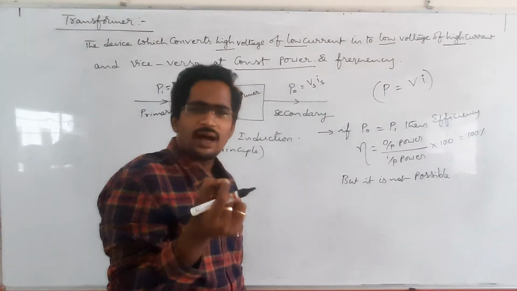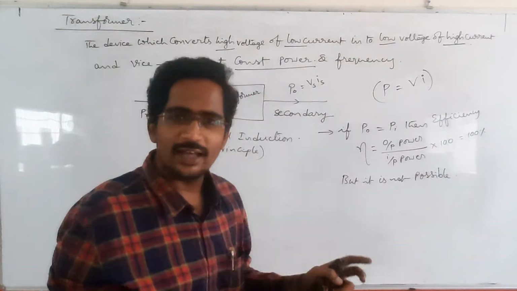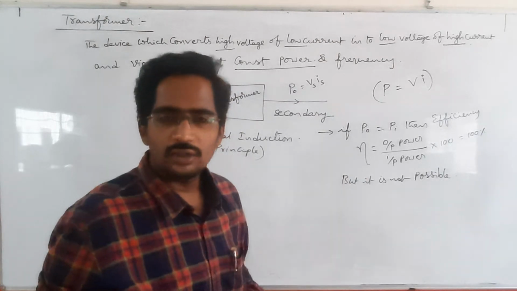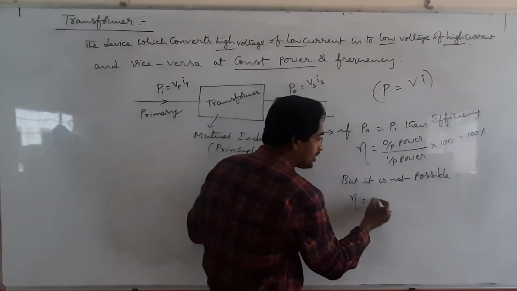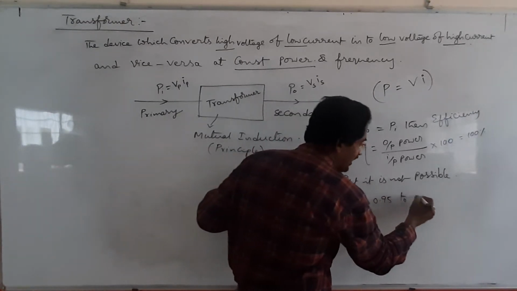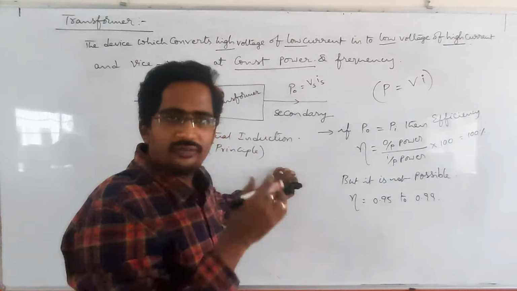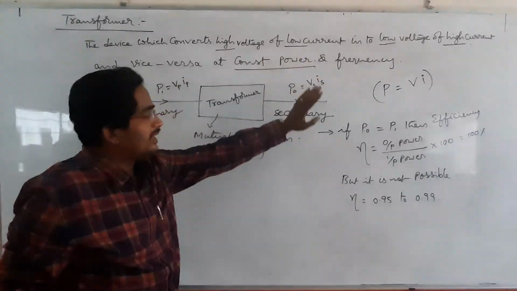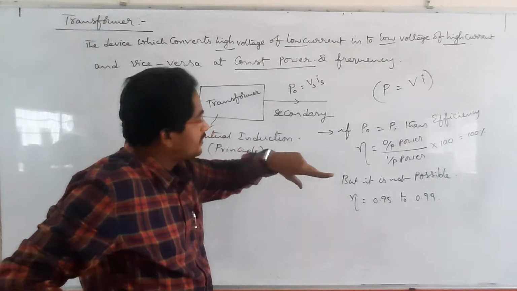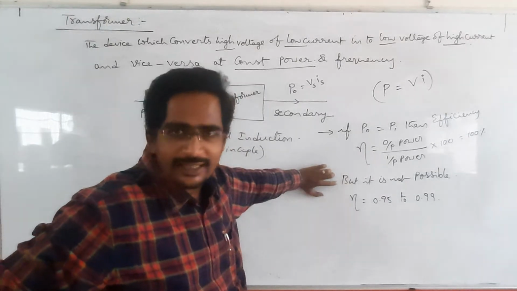At least 0.5%, 1 or 2% of power is wasted before it comes out to the output. So the eta value normally lies between 0.95 to 0.99. This is the type of transformers we manufacture till now, the actual efficiency of a transformer possible in reality.